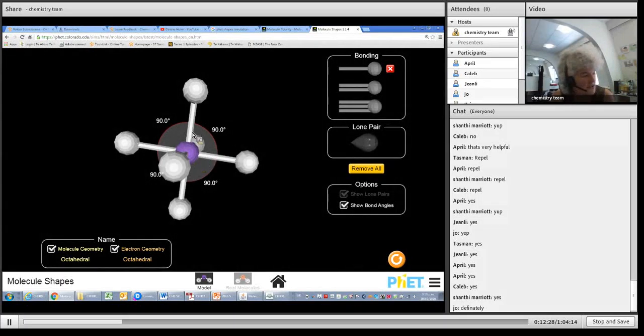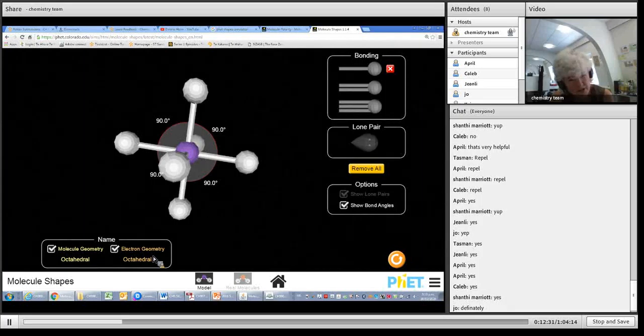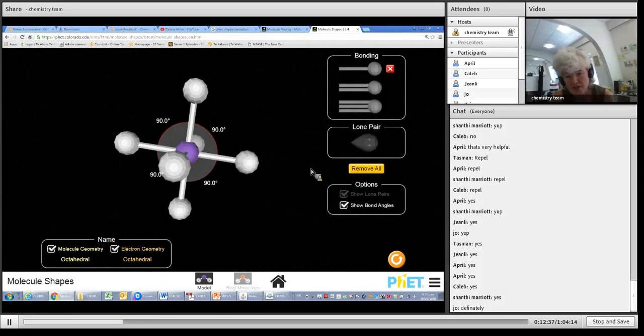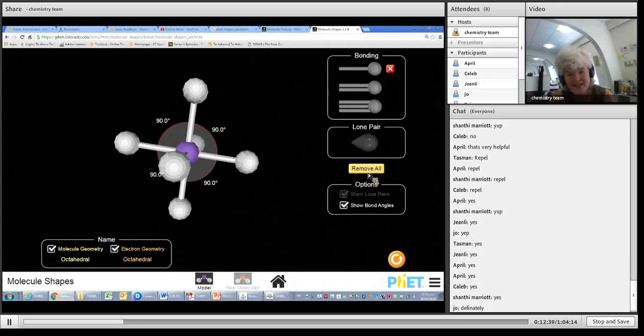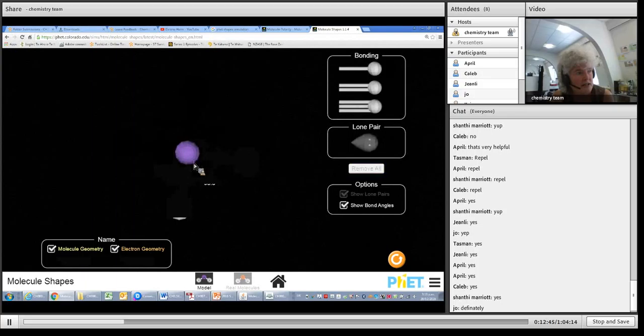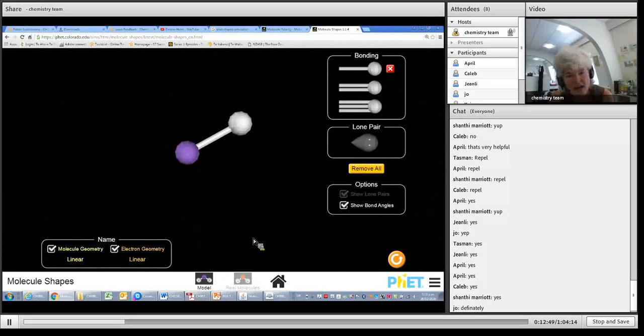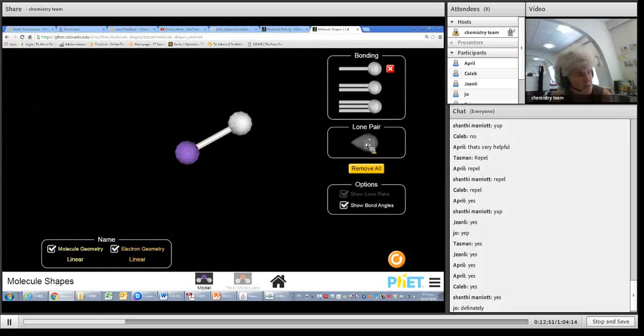And you'll notice the electron geometry was the same as the molecular geometry. If I put in some non-bonding electrons, then they start getting different. So I'll go back to my atom again, and if I added a bond, it doesn't matter how many lone pairs I've got, because I've only got 2 atoms, I'm always going to have a linear molecule.